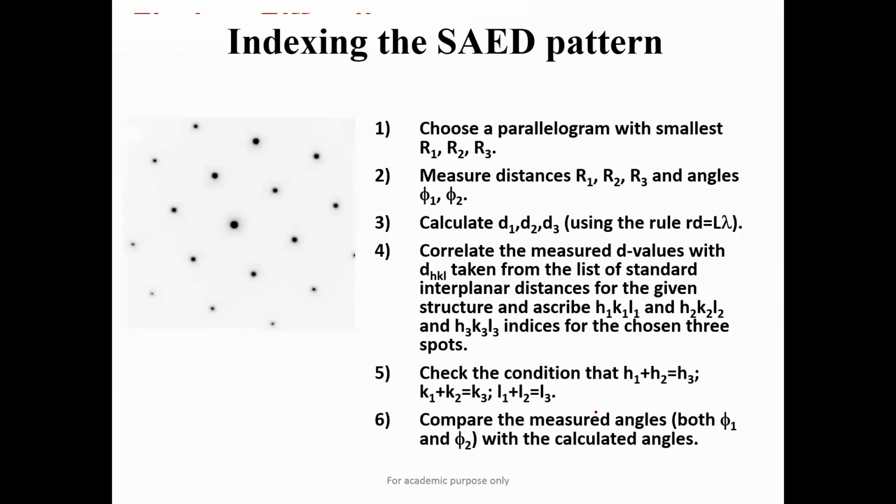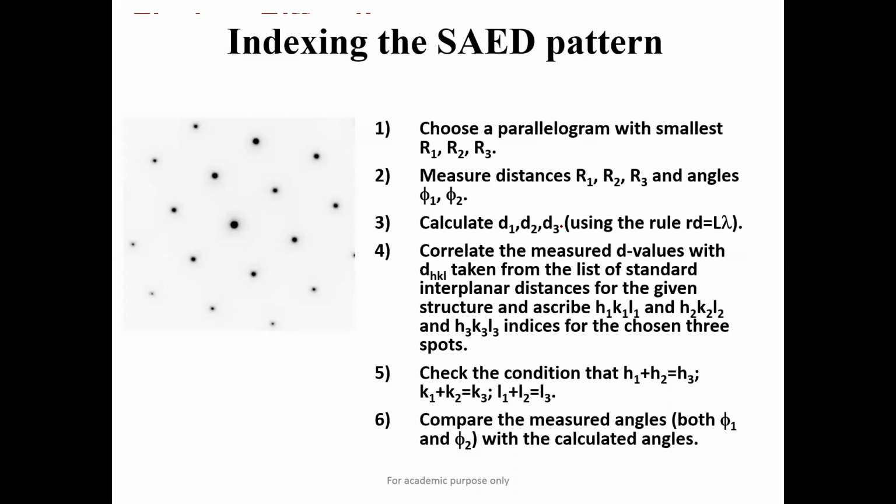So once you have this information, suppose this is a SAED pattern. First, you have to choose a parallelogram having the smallest R1, R2, R3. The second step is to measure the distances. You measure this R1, R2, R3 and then measure the angles phi1 and phi2.